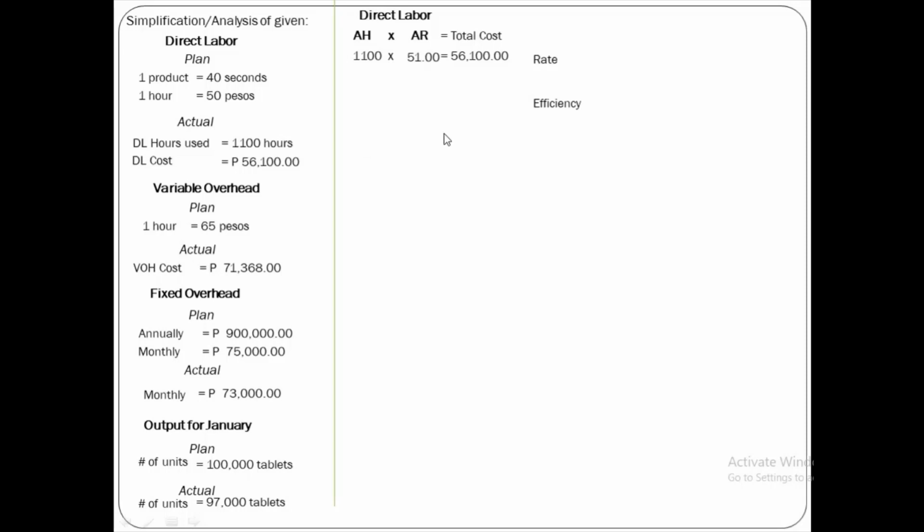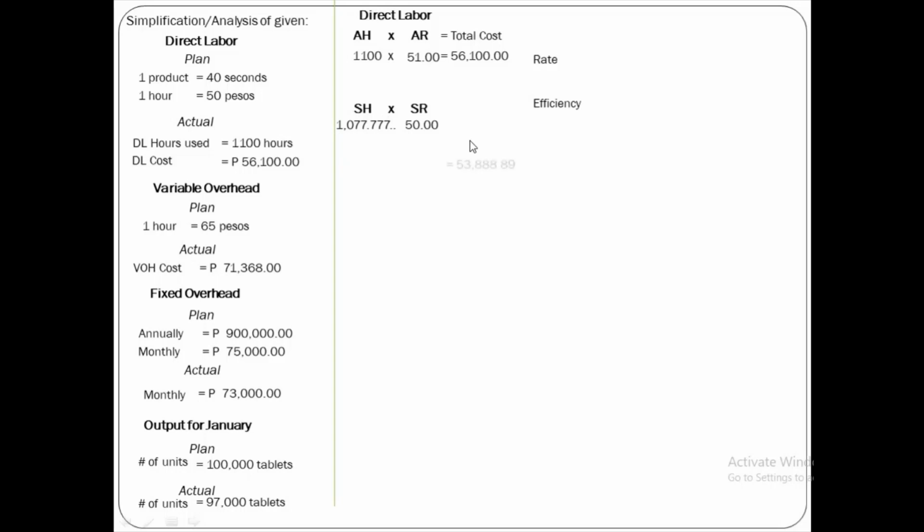Now let's go to the standard cost. So we have standard hours times standard rate, which is given already in the problem, 50 pesos per hour. That's according to the plan. The standard hours is 1077.77. We are going to compute this later. How did we arrive at 1077? I will discuss later.